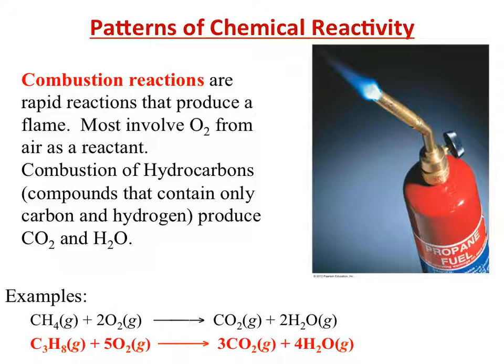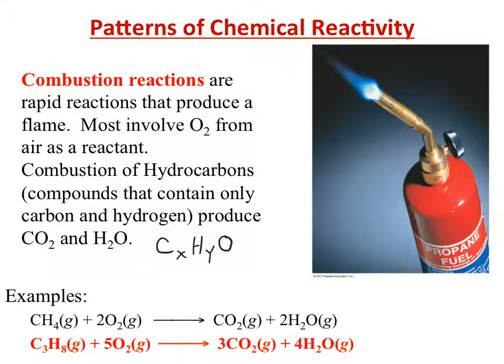The third type of reaction is combustion reactions. And these are rapid reactions that produce a flame. Most of these are some kind of hydrocarbon, meaning they're composed of primarily carbon and hydrogens. Now, these could also be composed of an oxygen or more than one oxygen as well.